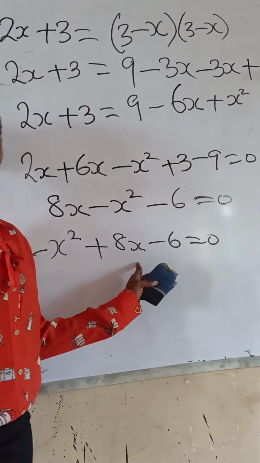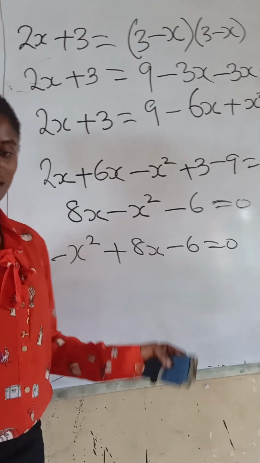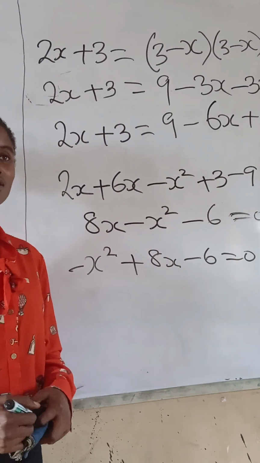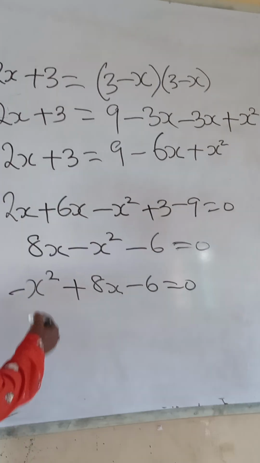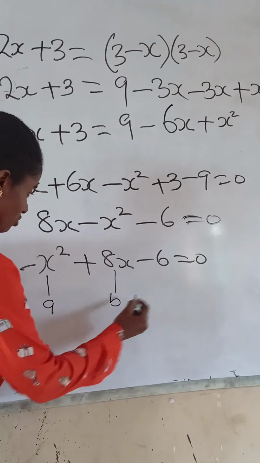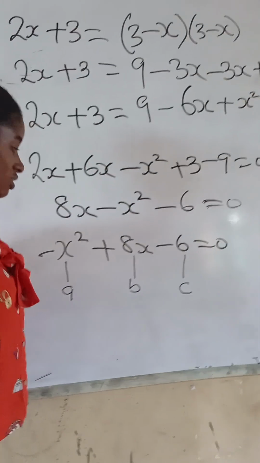This is a quadratic equation, and in a quadratic equation we are going to make use of the quadratic formula. Before then, you label this as your a, this is your b, and this is your c.